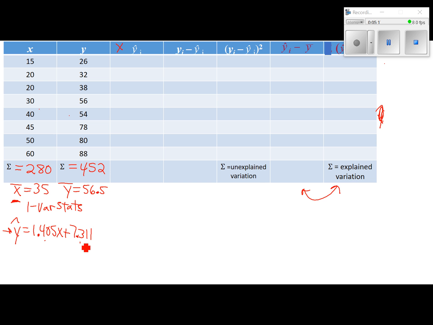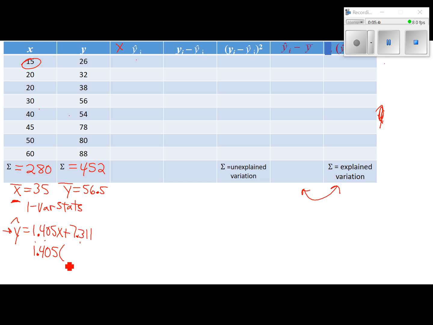What we're going to do with each one of those, we're going to take whatever x we have and stick it into this equation, and that's going to tell us our predicted y value, our y hat. So for the first one, I'm going to type this right into my calculator just the way that I have it here, and I'm going to do 1 or 2 of these, and then hopefully you'll get the idea.